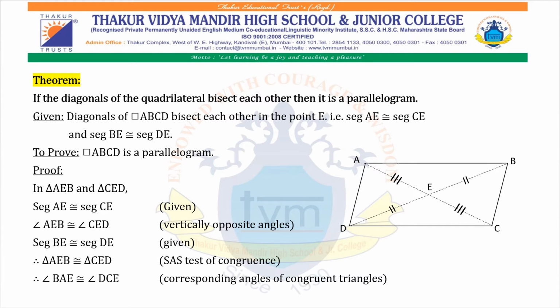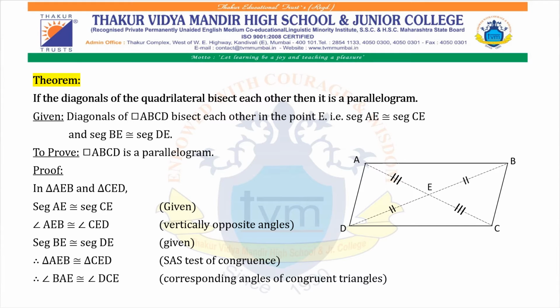Theorem: if the diagonals of a quadrilateral bisect each other, then it is a parallelogram. Given: diagonals of quadrilateral ABCD bisect each other at the point E, that is, seg AE is congruent to seg CE and seg BE is congruent to seg DE. To prove: quadrilateral ABCD is a parallelogram.